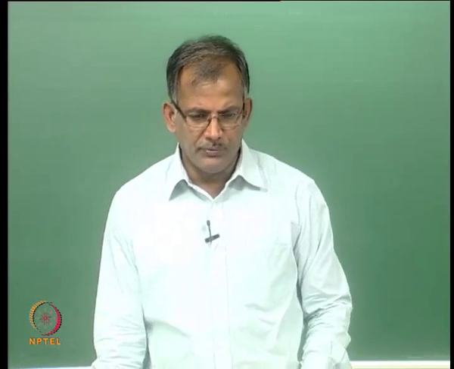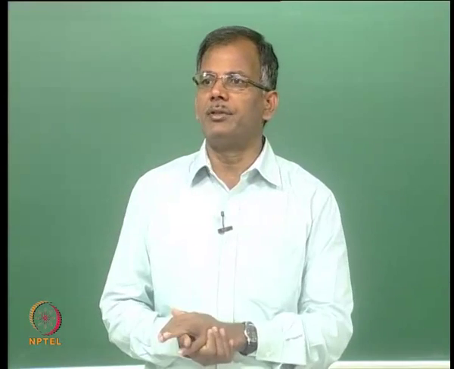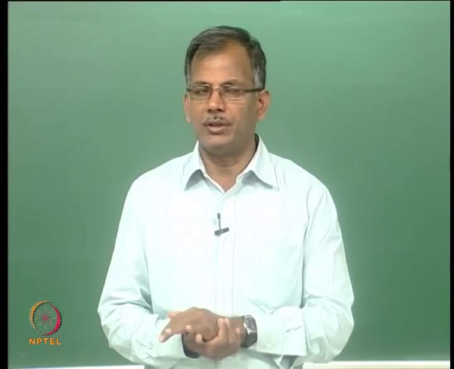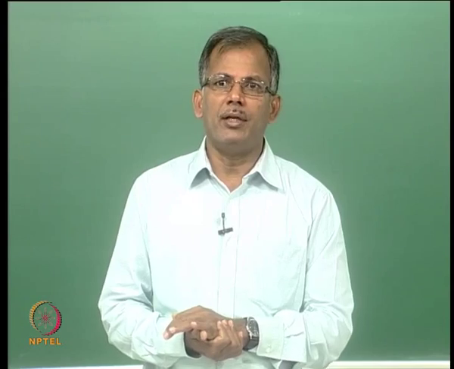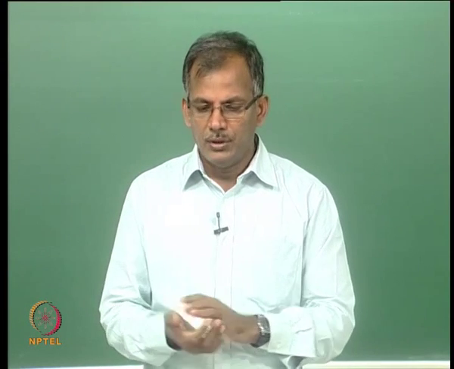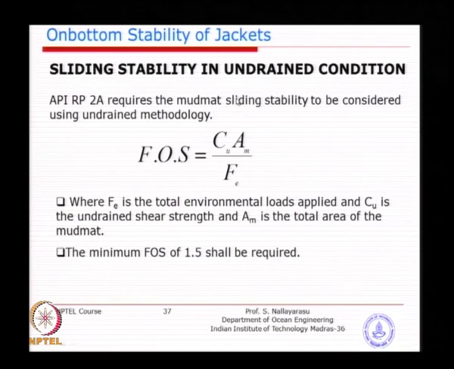Whereas API suggests if you have a clayey mud mat surface, and in many places you will see sediments, you should use the concept of multiplying undrained shear strength with the area of the mud mat, which gives you the resistance against sliding divided by the total. So the basic formulation is drained versus undrained condition, and again the factor of safety is supposed to be 1.5.